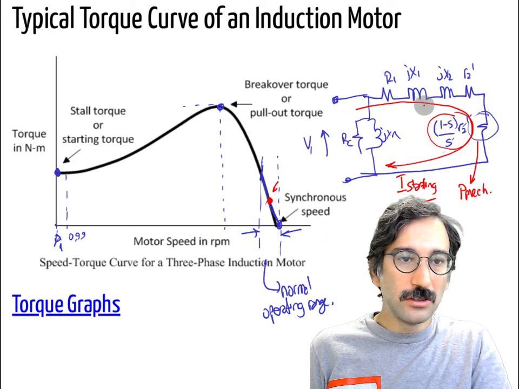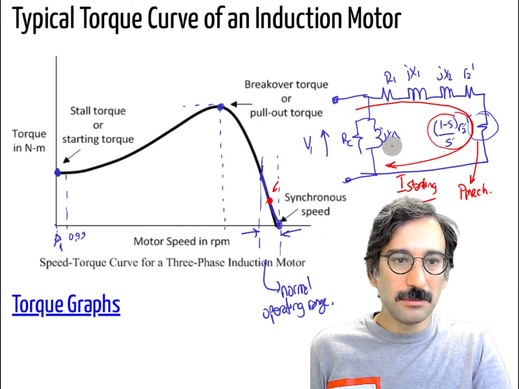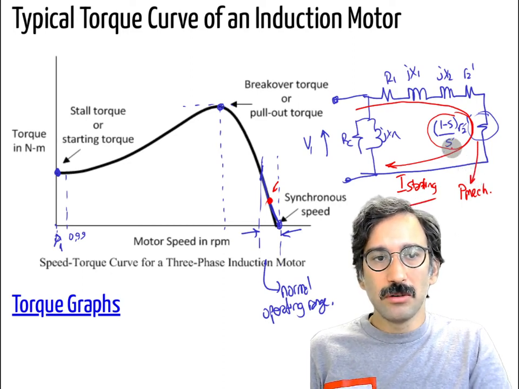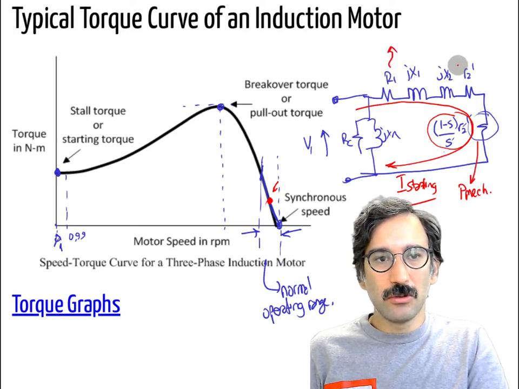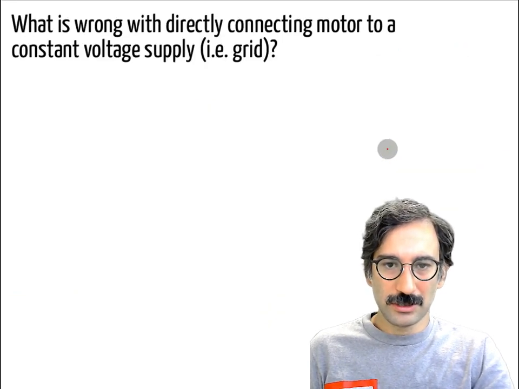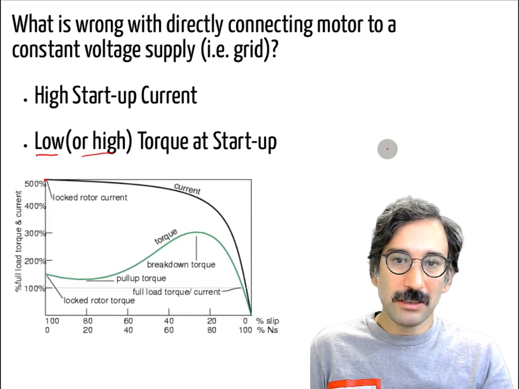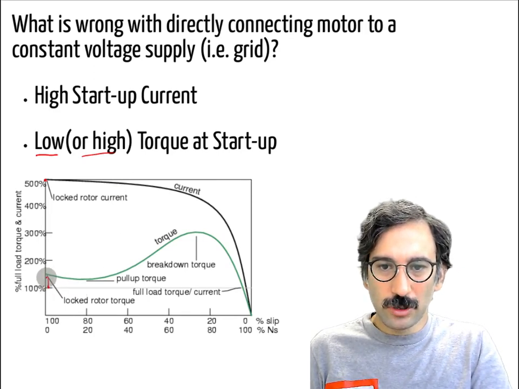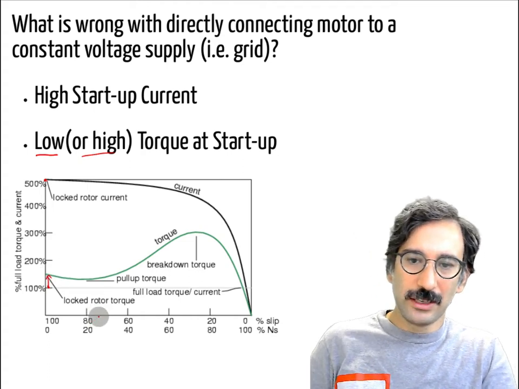So you drive really high currents, but that current doesn't translate into torque, while it generates quite a lot of heat in those resistive components. Or even if it can generate more than the rated torque.